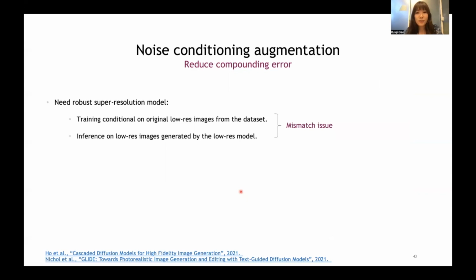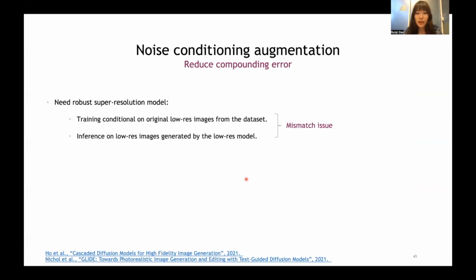But one notorious problem of this kind of cascaded pipeline is the compounding error problem. More specifically, recall that during training, the conditions we feed into the super resolution model are the downsampled versions of the training images from the data set.